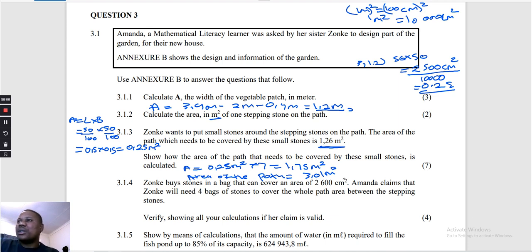So now we remove the area of the stepping stones, 1,75 meter squared. 3,01 minus 1,75, and then we get exactly 1,26 meter squared. This is how this 1,26 was determined.